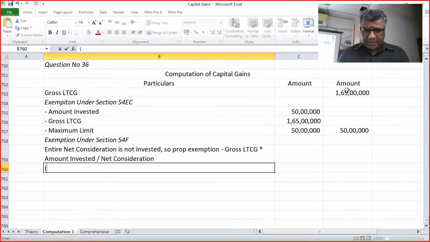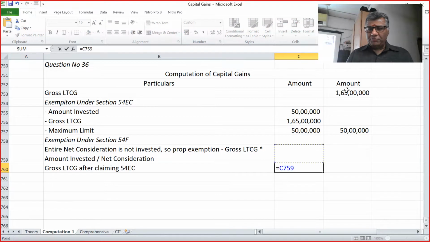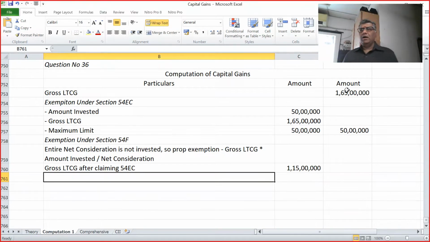Gross LTCG after claiming 54EC is 1 crore 15 lakhs.